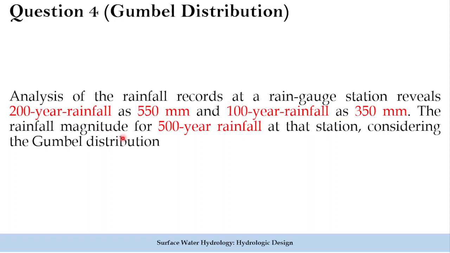The rainfall magnitude for 500-year rainfall at that station, considering the Gumbel distribution, is what we are supposed to find out. So we are given the rainfall record of 200-year rainfall and 100-year rainfall, which are 550 mm and 350 mm. Now we need to find out the corresponding rainfall magnitude for 500-year rainfall at that same station, and for that purpose we need to use the Gumbel distribution, which is mentioned in the problem.